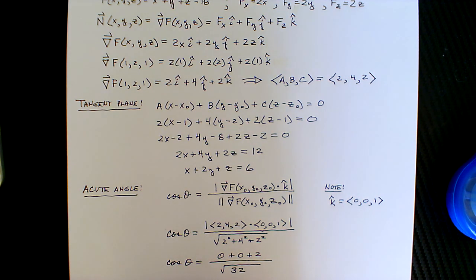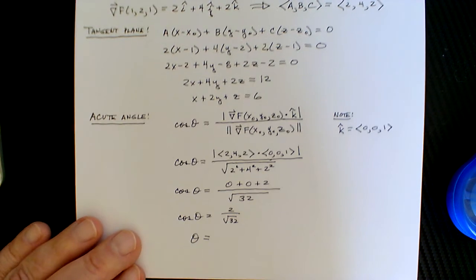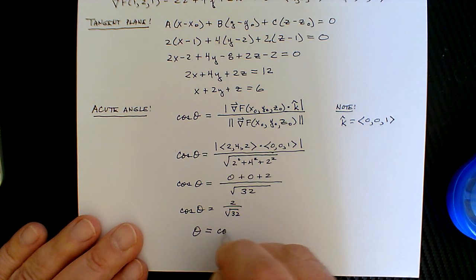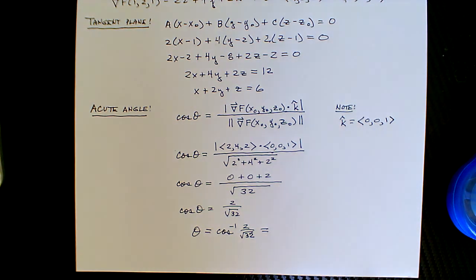Okay, so the cosine of theta is 2 over the square root of 32. So theta is the inverse cosine of 2 over the square root of 32. And obviously we're going to use a calculator for that.